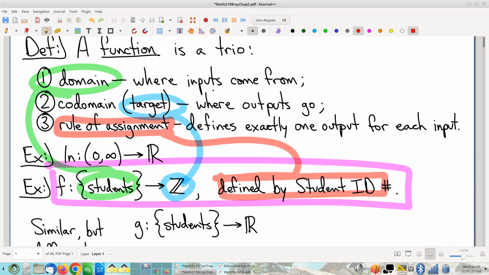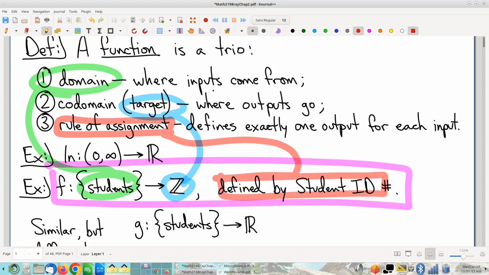Right? And notice, of course, ID numbers are always integers, in my experience anyway. So for every input, namely every student, there is a corresponding output, namely an integer that is that ID number. So this is a function. Notice the absence of a formula. There's no algebra in here. Perfectly good as a function, no formula.